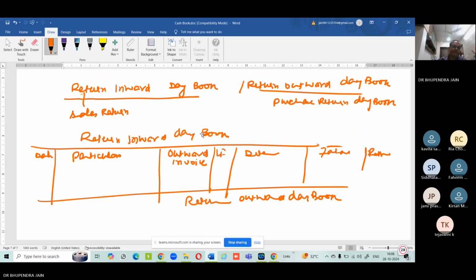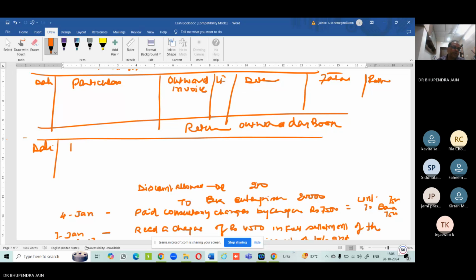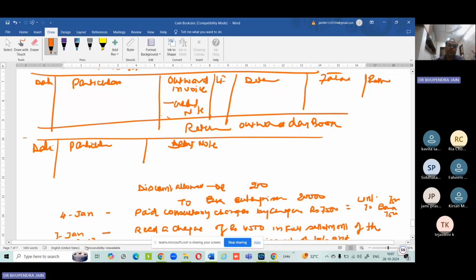Almost same. We will write down here date, particulars. What will we write? Debit. Meaning, in case of return inward we prepare the credit note, but in case of return outward we prepare the debit note.